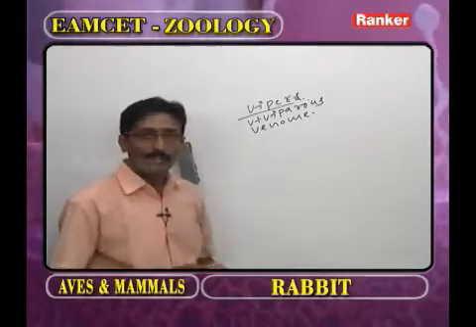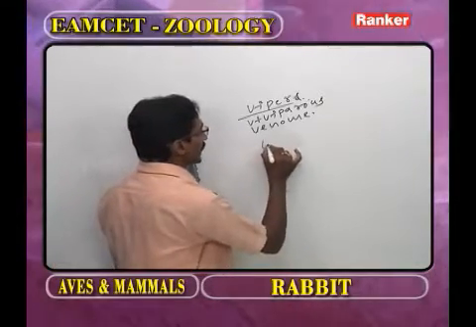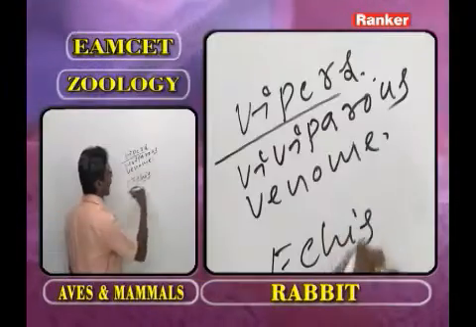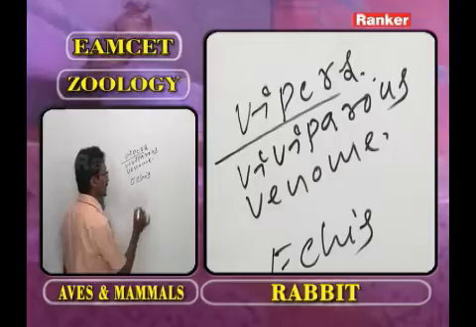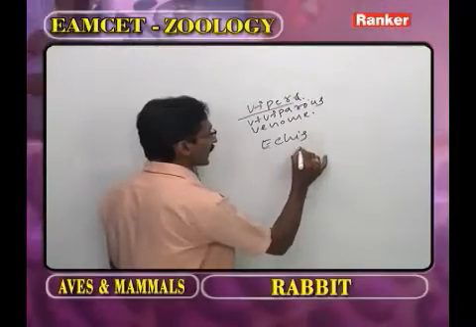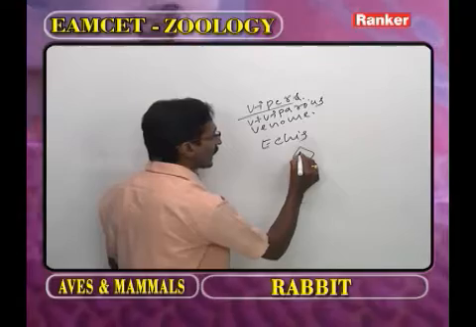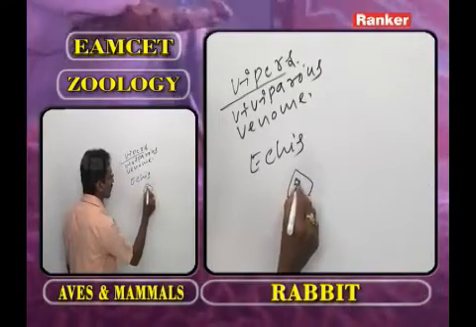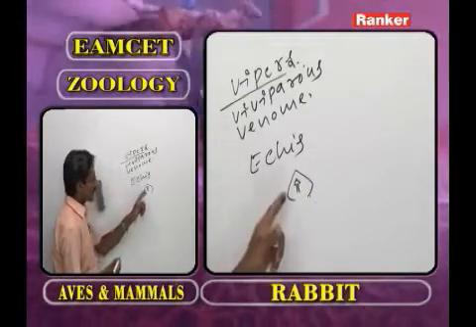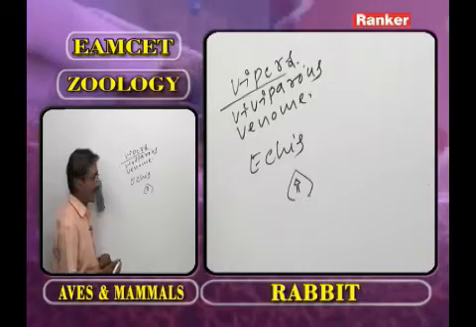Now, one example for the vipers is called Echis carinata. As we observe Echis carinata, this is the head of Echis carinata. On the head, an arrow mark is present. That is one identification of Echis carinata.